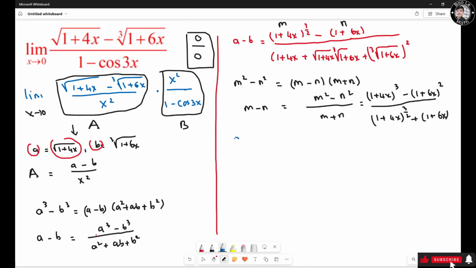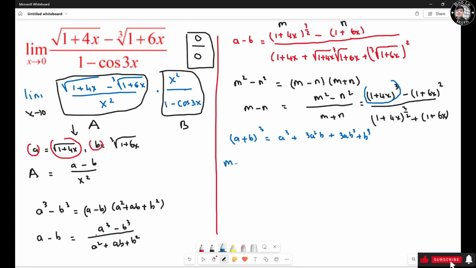Now we have the formula a plus b altogether cubed equals a cubed plus 3a squared b plus 3ab squared plus b cubed, right? So I'm going to use this formula to expand this one, right?